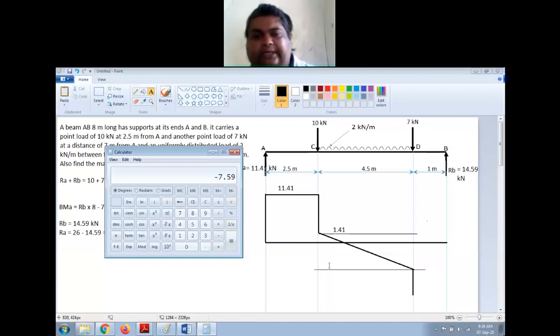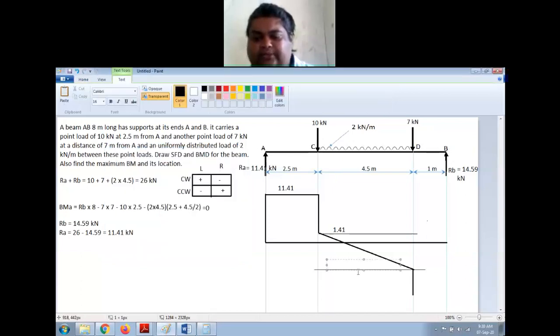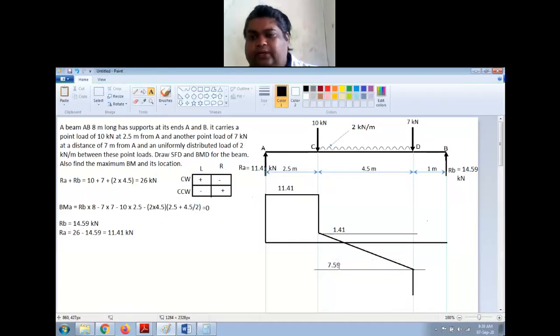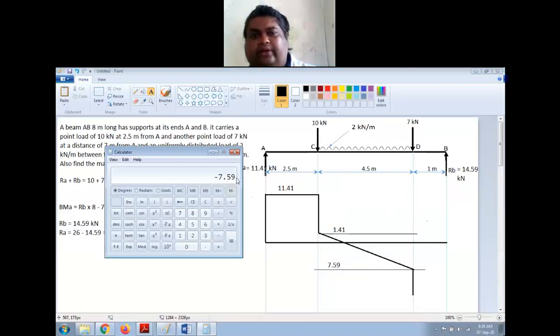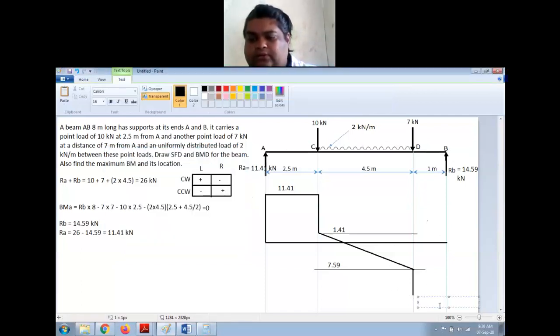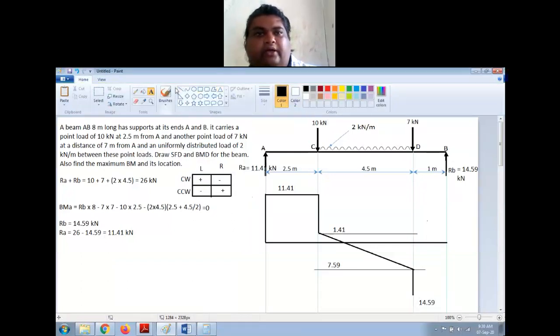Below this line is negative, so I will not write minus explicitly. 7.59. Now 7.59 minus 7 is minus 14.59. So this is 14.59. Right? Now I'll draw another horizontal line here because between D and B there are no forces.